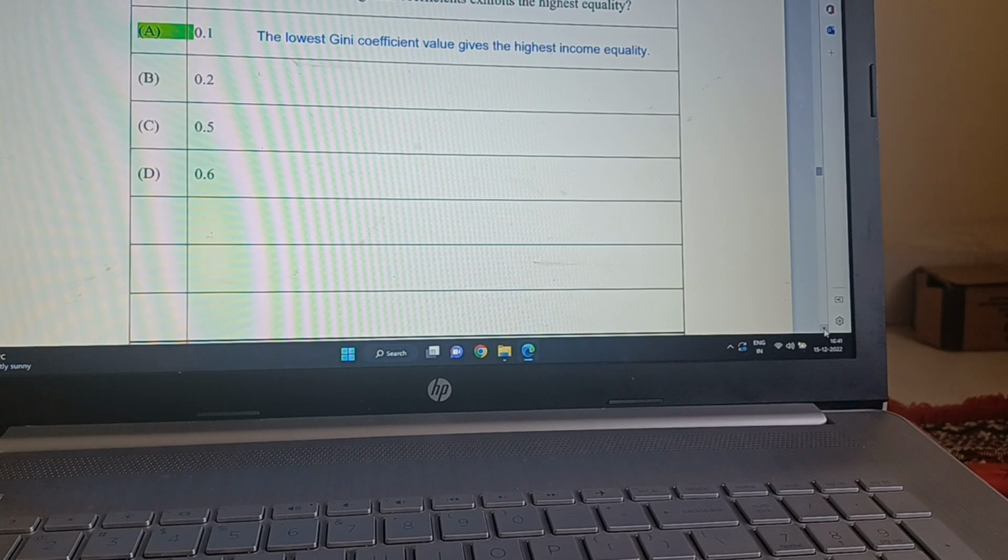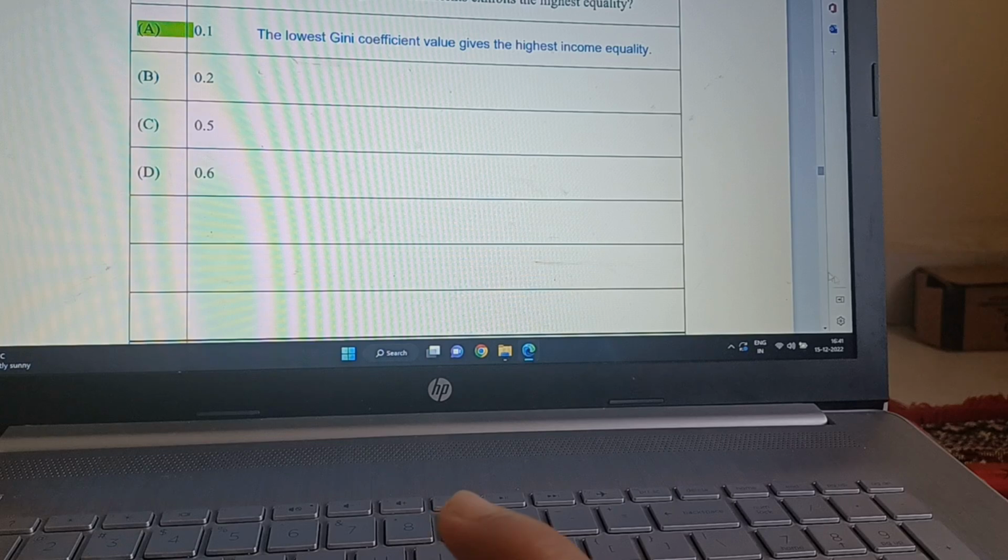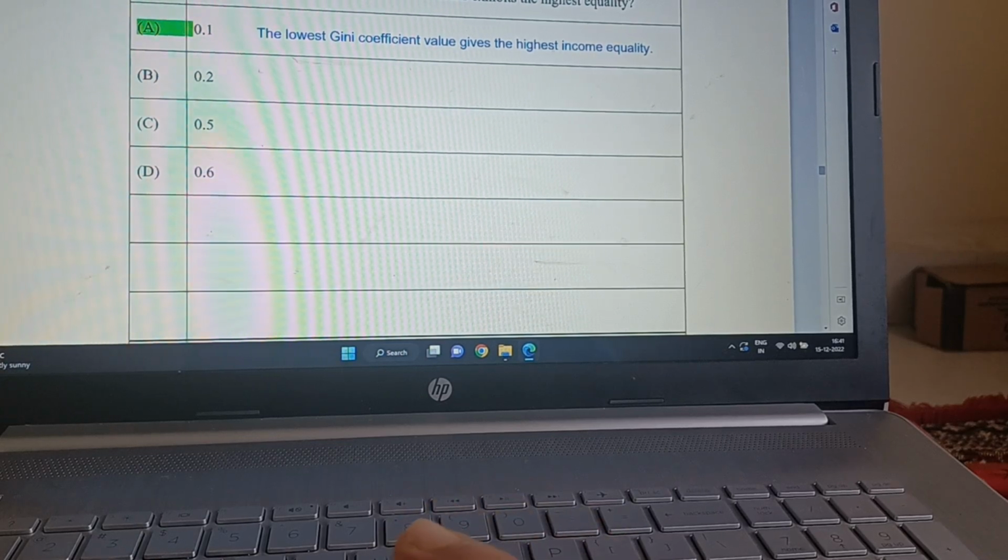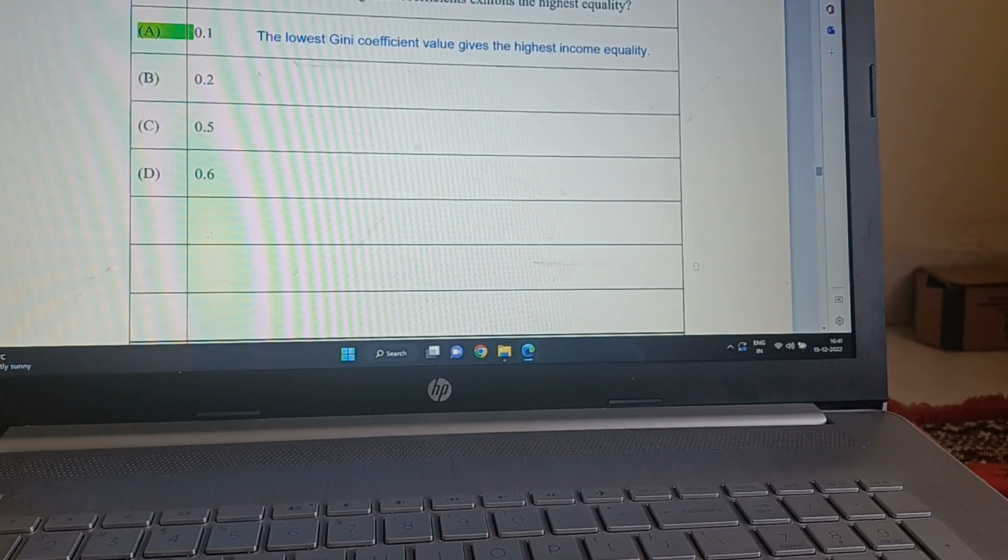So this Gini coefficient amongst all has the lowest value. This one is only 0.1. It means the economy has far less income inequality, or it has the highest income equality when compared with B, C, D.